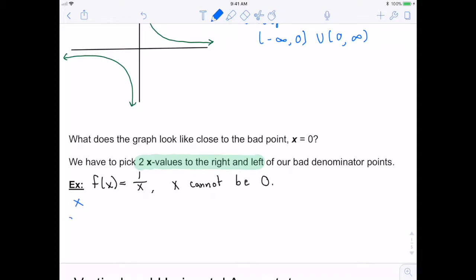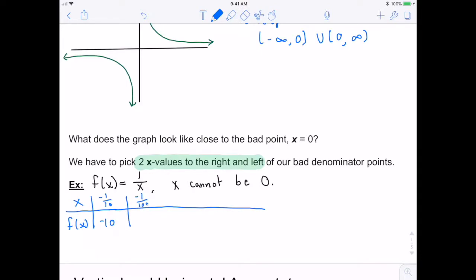So I'm going to pick some x points and see what their y points are. Let's pick one to the left of 0, meaning a negative number that's just a little bit smaller than 0. So how about negative 1 over 10? When we put this into the function, f of x is equal to 1 divided by x, it just flips whatever number we put in and spits it back out. So this becomes negative 10.